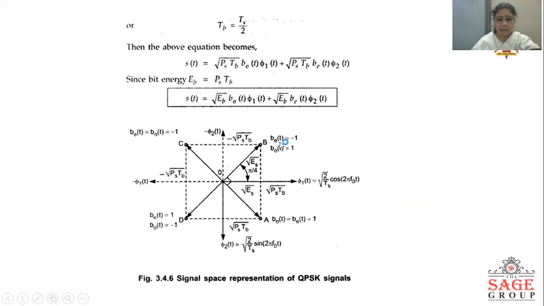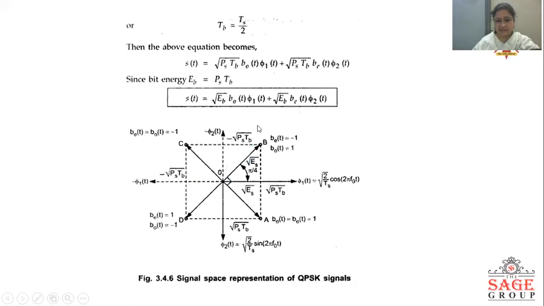Now when be(t) is equal to -1 and b0(t) is equal to +1, that means the second term is negative and the first term is positive. In that case, we will take the negative direction of phi 2(t), which is in the upward direction, and the positive direction of phi 1(t), which is on the left hand side. So this is -phi 1(t), this is +phi 1(t) and this is -phi 2(t).